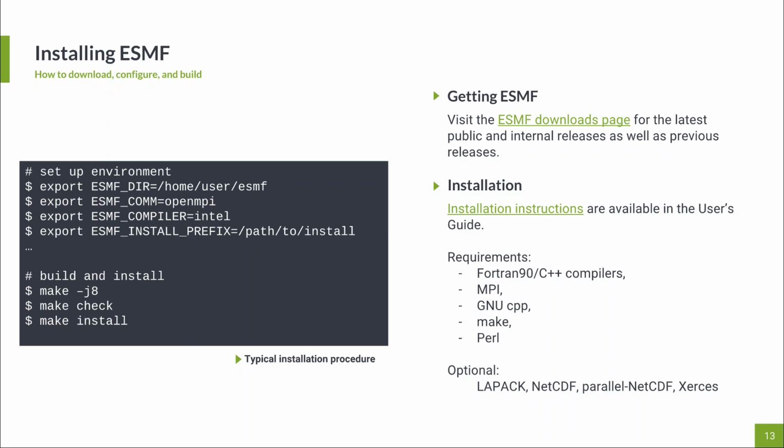Not a lot of requirements. You need a Fortran and C++ compiler, MPI, CPP, make, and Perl. And there are a few optional dependencies. If you have, for example, a netCDF installation, that will allow you to read and write ESMF fields to netCDF files.